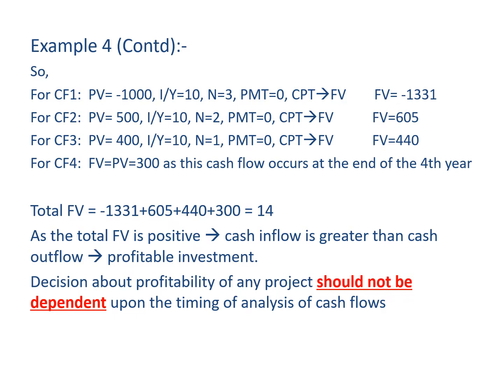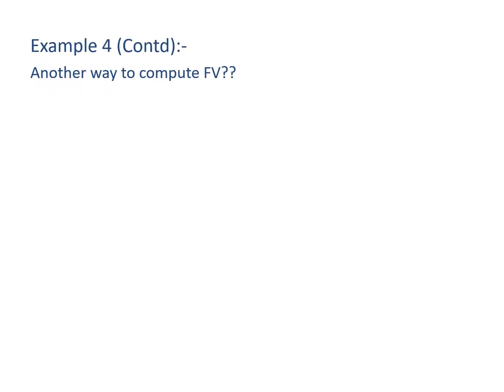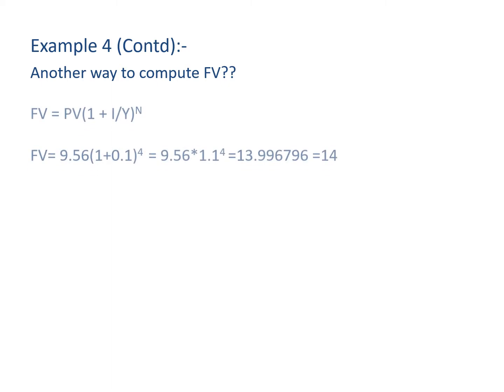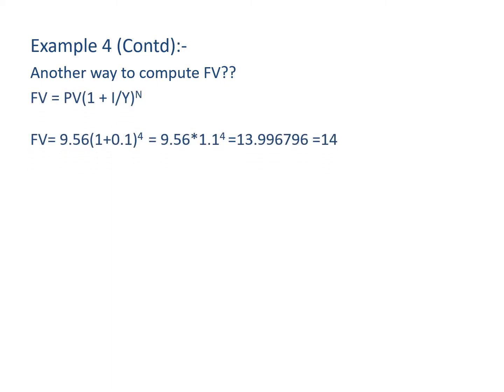Is there another way we could have found the future value of this project? Indeed, if you remember, FV is PV multiplied by 1 plus I by y to the power n.